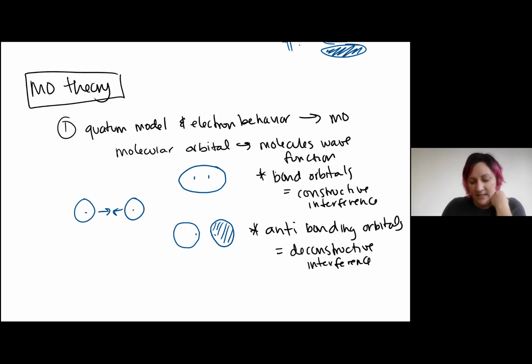And so this would be a sigma bond when we bring 2 s orbitals together. And so we would call this a sigma bonding orbital, and this would be a sigma anti-bonding orbital, which we designate with just a little asterisk above it.